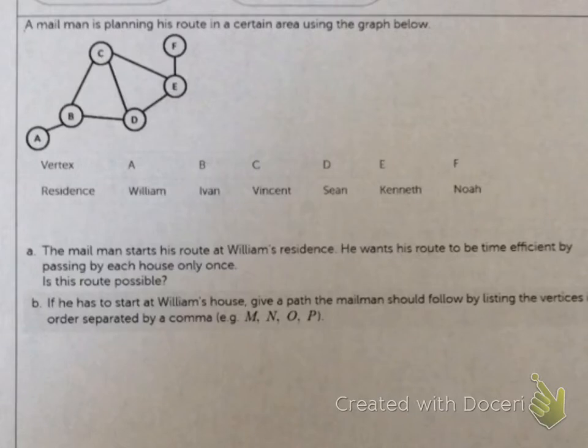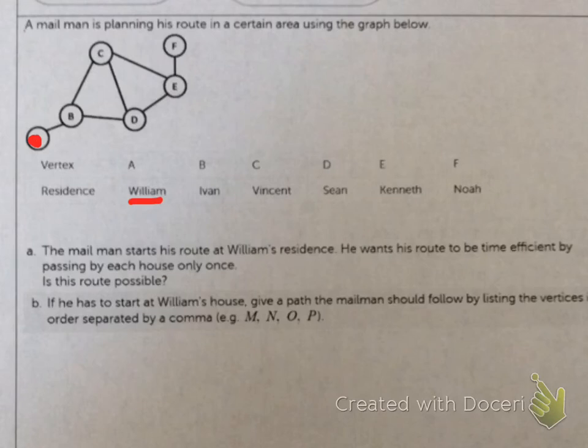All right, this one says a mailman is planning his route using the graph below. So A represents William, B represents Ivan, C represents Vincent. We're just using that down there to tell us who represents who. Part A says the mailman starts his route at William's residence. So William is A, so he starts here at A. He wants his route to be time efficient by passing by each house only once.